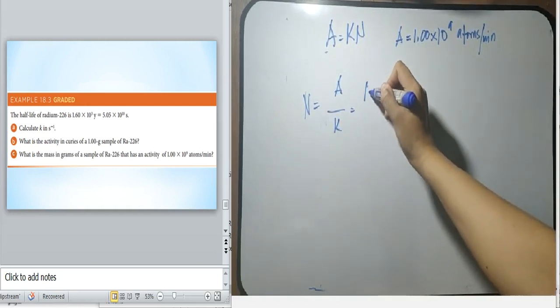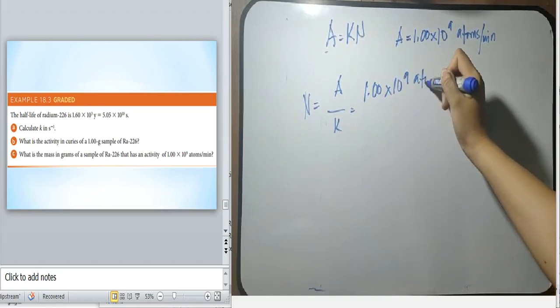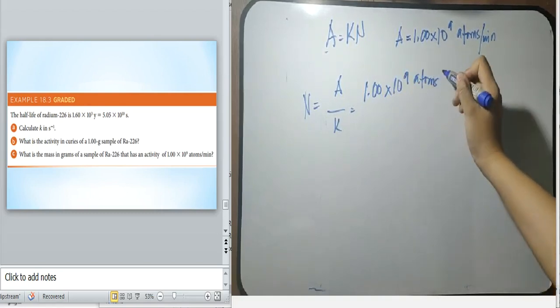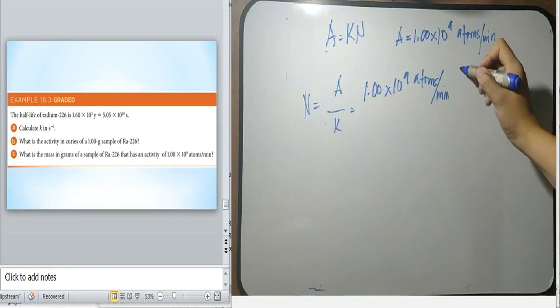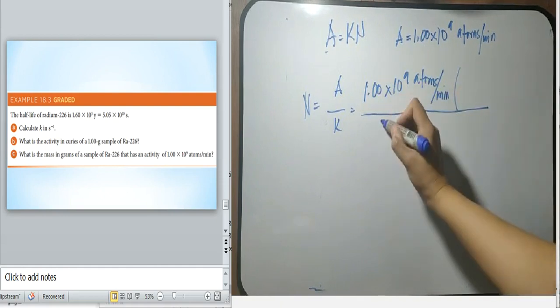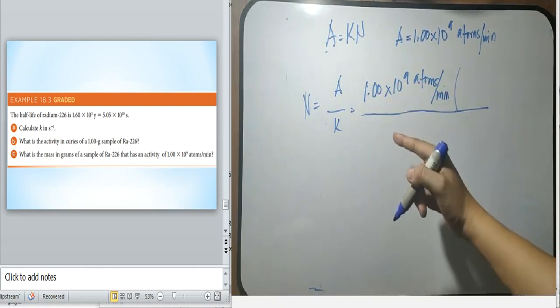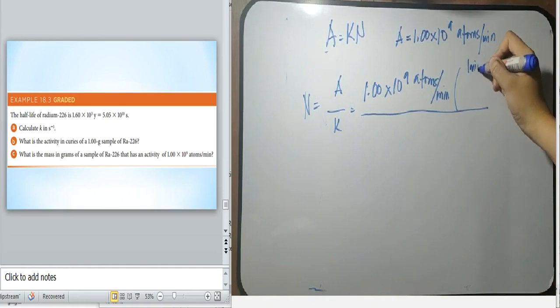So, we have here 1.00 times 10 raised to 9 per minute. Take note, it is expressed as minute. So, what we need to do is express this in terms of seconds, because our K value is expressed in per second. Okay? So, in 1 minute, there are 60 seconds.